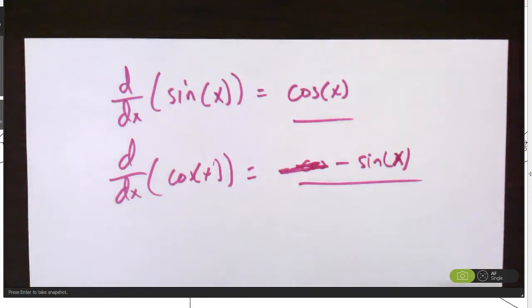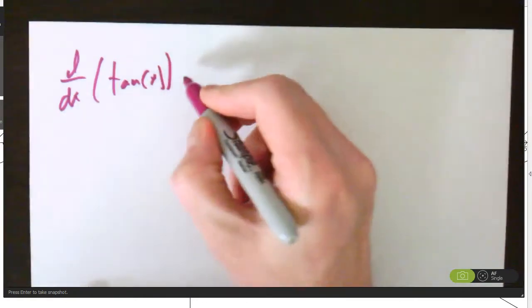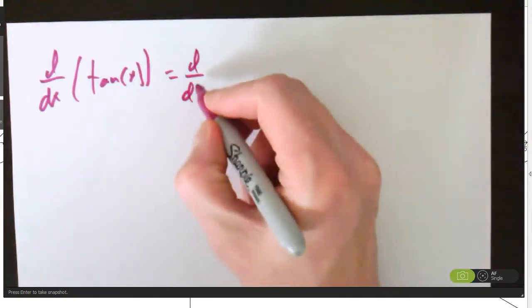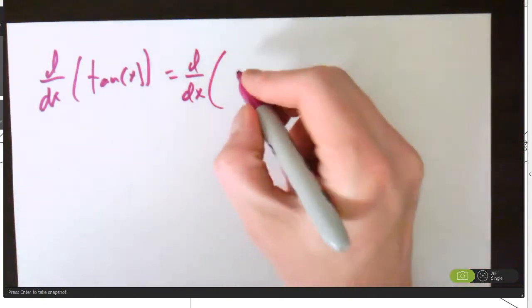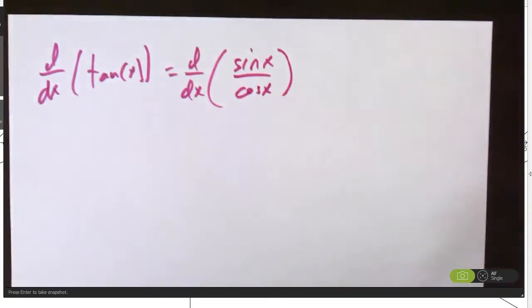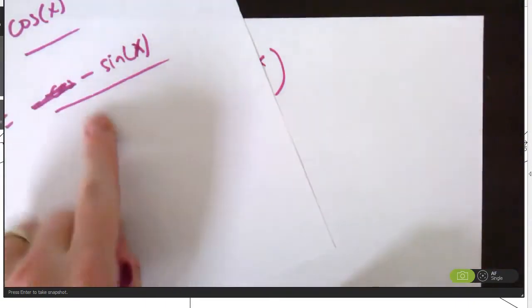So what I'll do is the derivative of tangent. I want to find d/dx of tangent x. The first thing you have to do is rewrite it as sine x over cosine x. We're going to do the quotient rule here, because we're going to come back and use these derivatives and some trig identities.